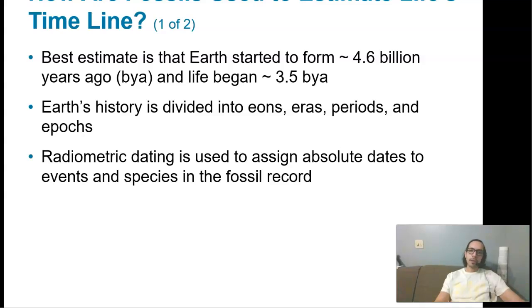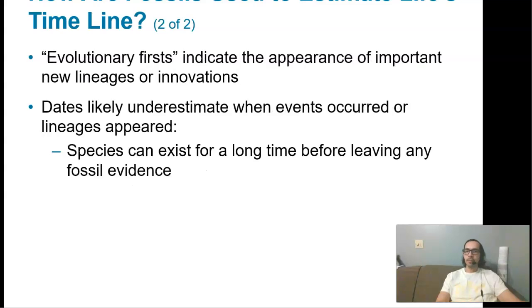The best estimate is that the Earth started to form about 4.6 billion years ago, and life on Earth began about 3.5 billion years ago. Earth history is divided into eons, eras, periods, and epochs, and radiometric dating is used to determine dates of events and species in the fossil record.